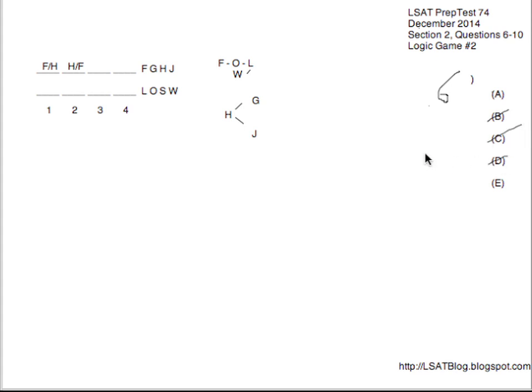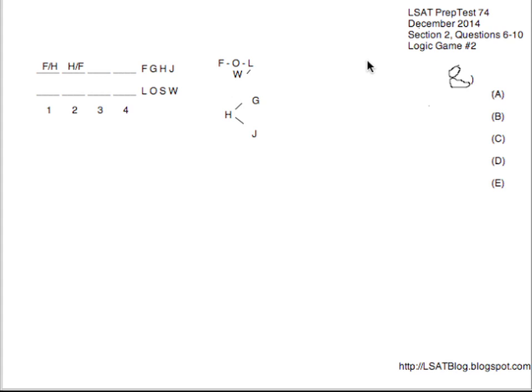Only A and E are in compliance with this. We also know that O and W each have to go before L, and scanning through the choices that remain, we see that A violates this, having L before O, so A is gone, leaving E by elimination for number 6.